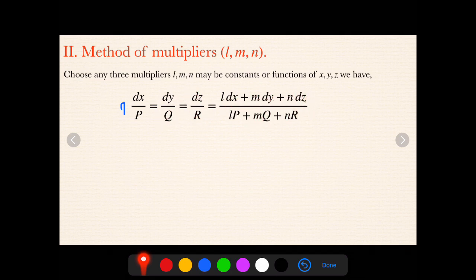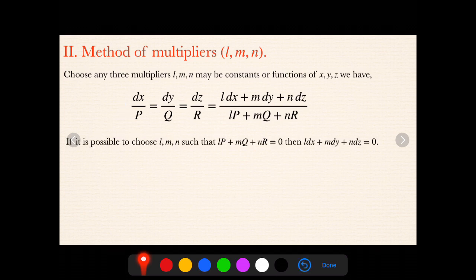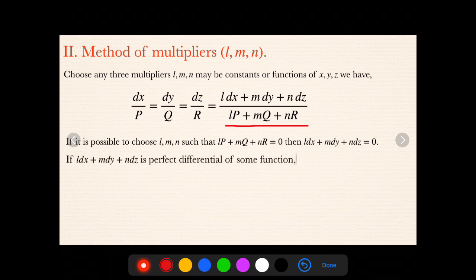Next, if it is possible to choose l, m, n such that the denominator vanishes, that is, after multiplying l to P, m to Q, n to R, the sum lP plus mQ plus nR is equal to 0, then we can write l dx plus m dy plus n dz is equal to 0. Then it will be a perfect differential and you can integrate.